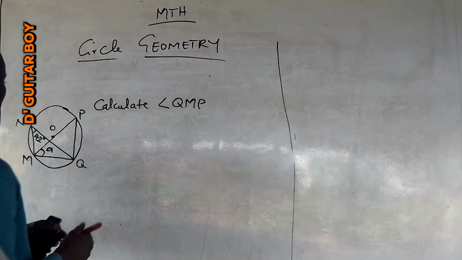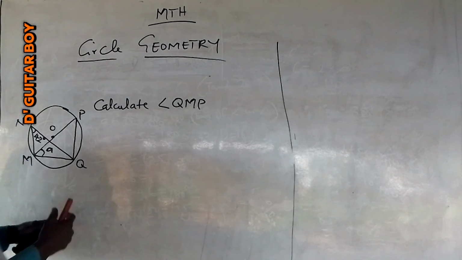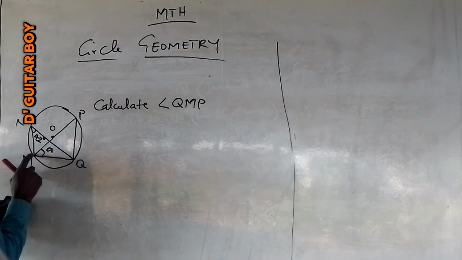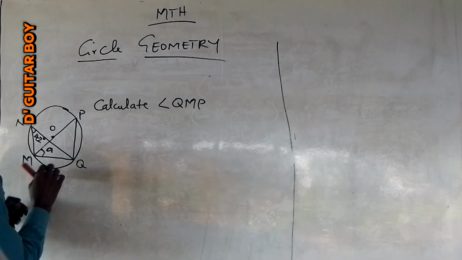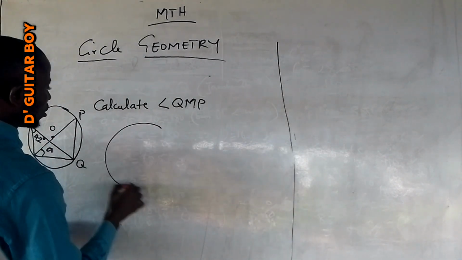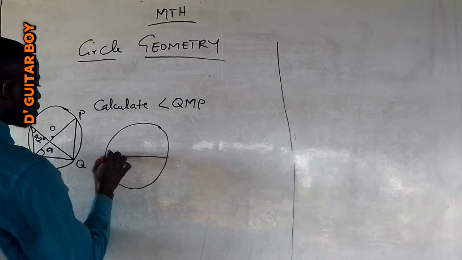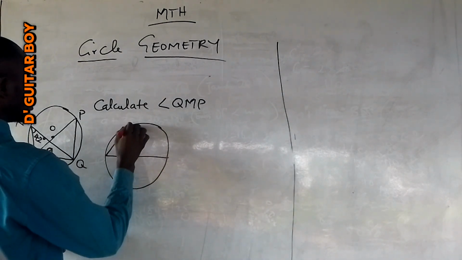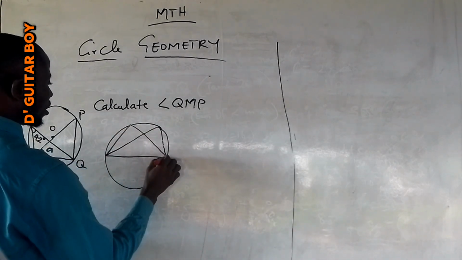So what you do here is, you remember when we said angles on the same segment are equal. This is a segment. This is a chord. Remember the theorem when we said angles on the same segment. When you have a circle like this, this is one segment, this is another segment. If you draw a line from here, you draw one from here, you draw another one from here, they are the same.